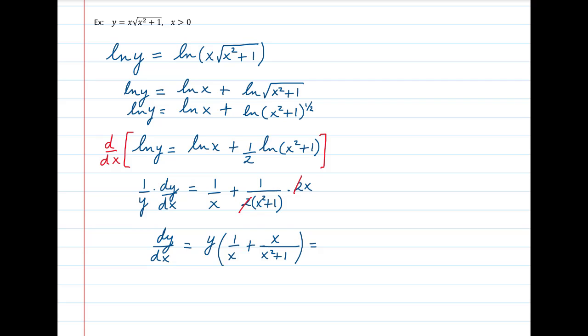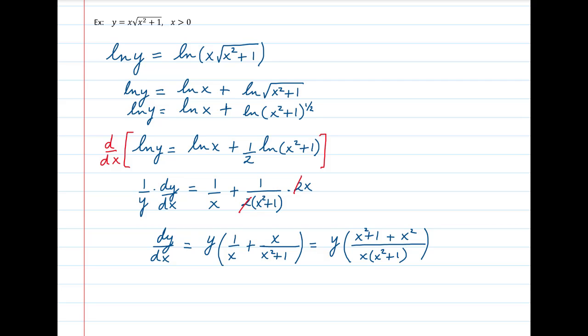Now cleaning this up a little bit, we're going to condense or put those two fractions together, find the least common denominator and put it all together in one fraction. In the denominator we have x times x squared plus 1, and on top we're going to end up with x squared plus 1 plus x squared.